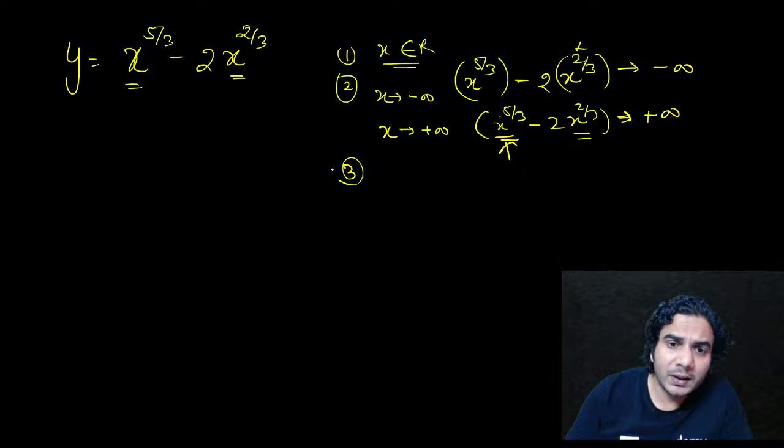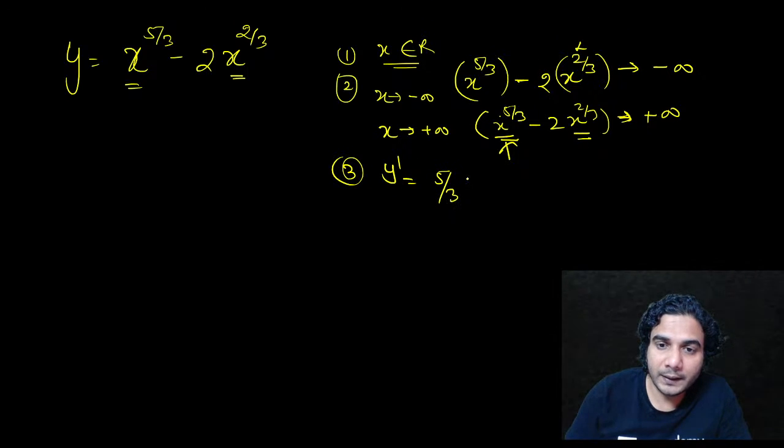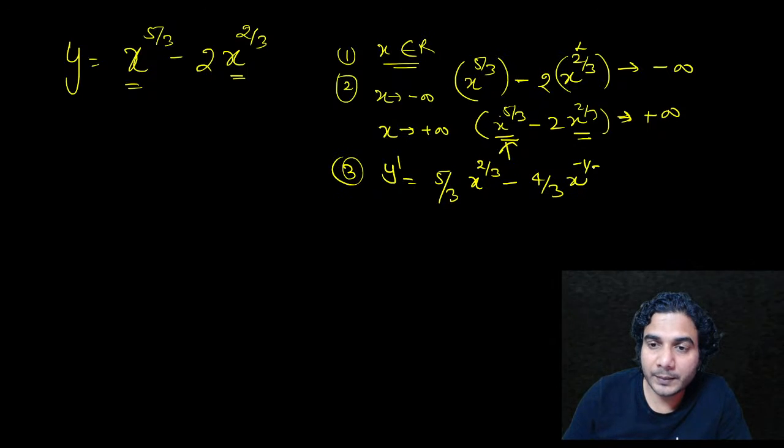Now the third step is to differentiate this curve, to know where this function is increasing and where it is decreasing. To know those intervals, you need to differentiate it. If I differentiate it, I get 5 by 3 x raised to 5 by 3 minus 1, that is 2 by 3, minus 4 by 3 x raised to minus 1 by 3.